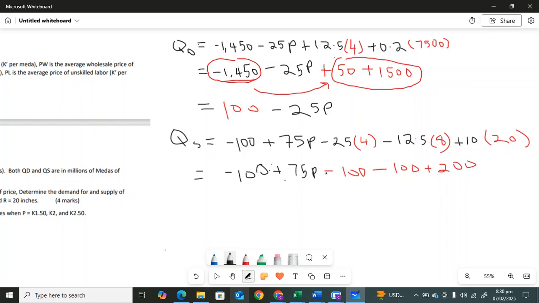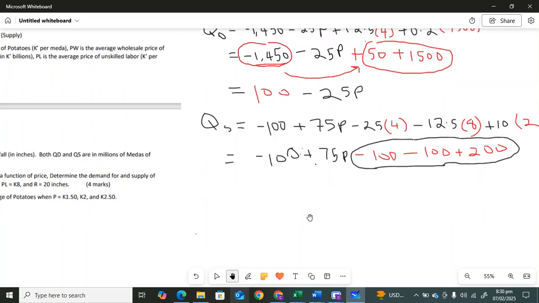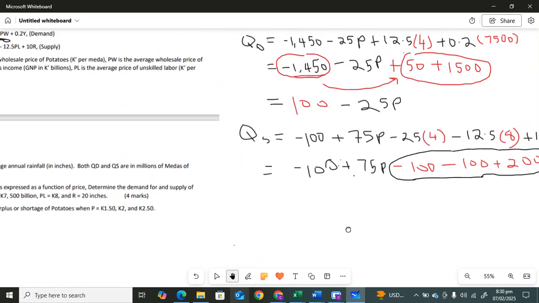Okay, so negative 100 minus 100 gives us negative 200. Negative 200 plus 200 is 0. So our supply function is negative 100 plus 75p.